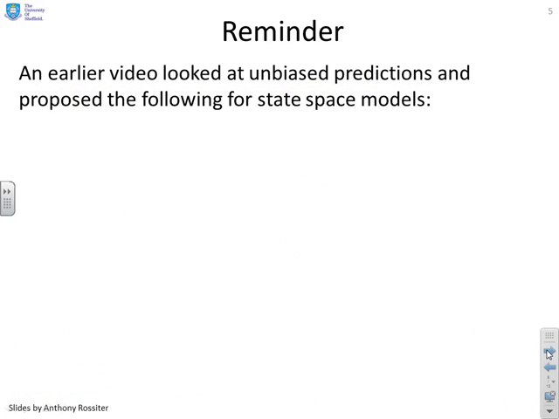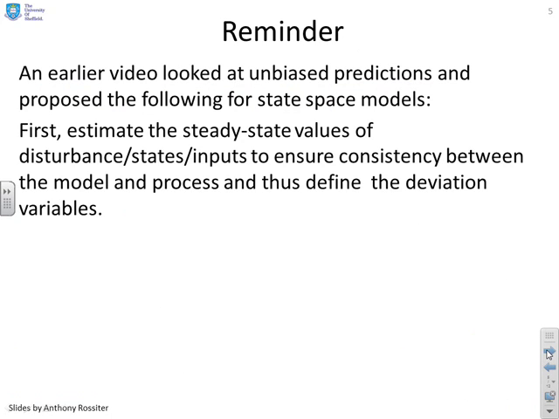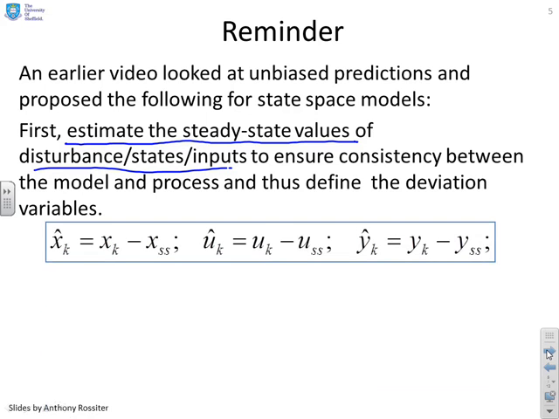Now, in an earlier video, we looked at unbiased predictions, and we proposed the following for state space models. We said, first, estimate the steady state values of the disturbance states and inputs to ensure consistency between the model and the process, and thus define deviation variables. So what we said is, if you can estimate x_ss and u_ss and y_ss to be mutually consistent with each other, then you can get unbiased predictions.